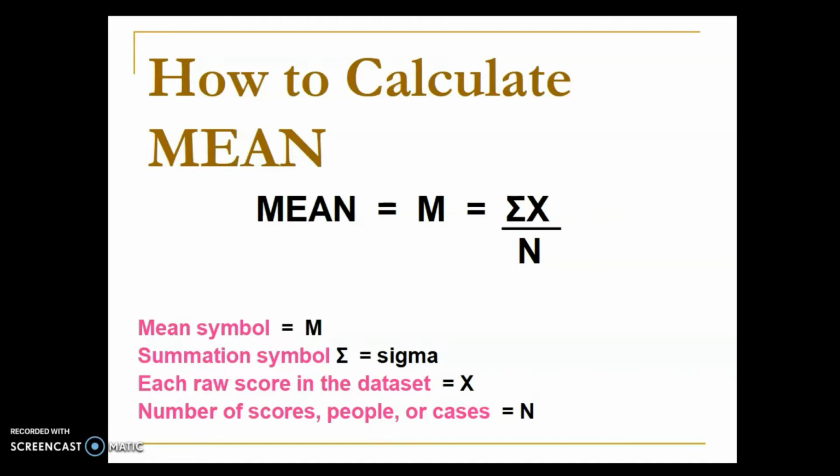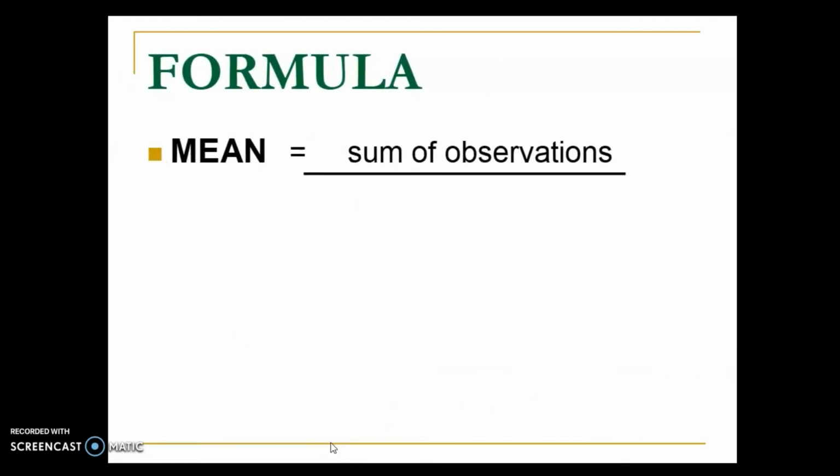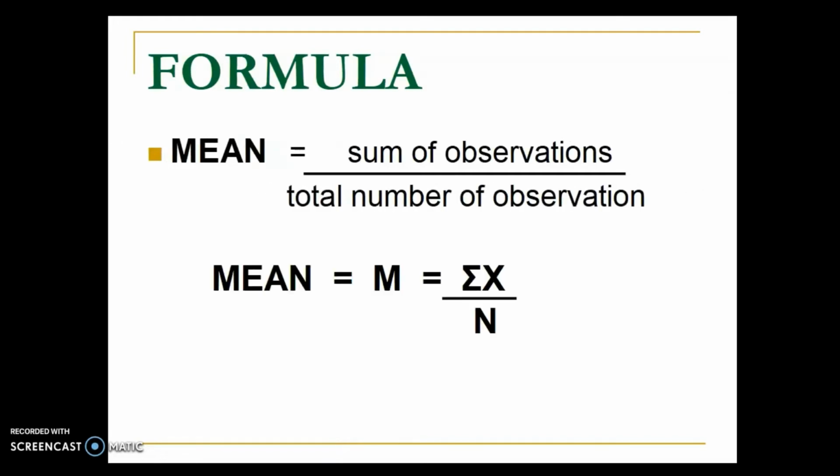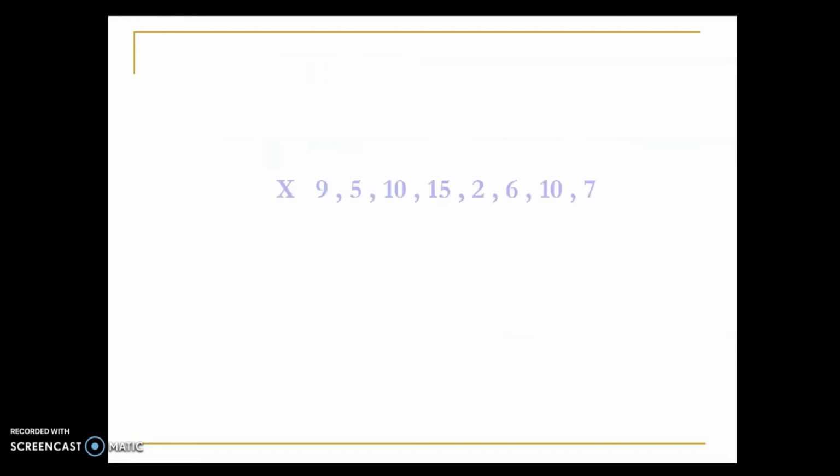Sigma means to add up the scores that follow, and each raw score in the data set is denoted by capital X, and n denotes the number of scores, people, or cases. So moving further, let's see the basic formula for calculating mean, which is sum of observations upon total number of observations. So let's understand it by an example.